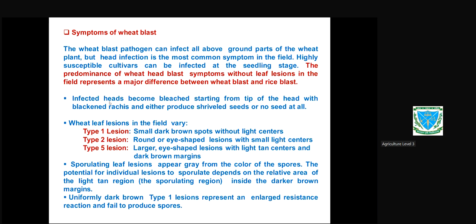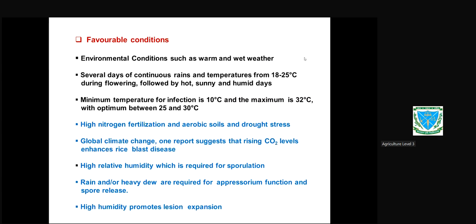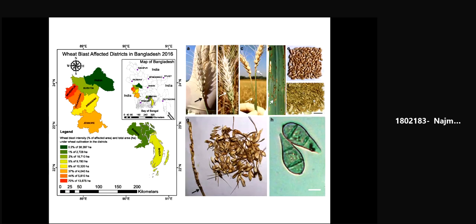You see the infected heads become bleached starting from the tip, as I mentioned earlier. And blackened rachis means the rachis becomes black, and the grain produced inside such bleached out heads is shriveled, or sometimes there is no grain at all. If you see here, these are the healthy grains and these are the infected grains, and you see the rachis and the blackened area.